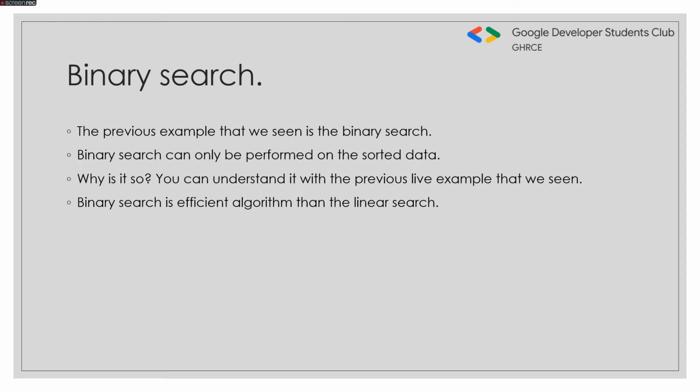It never happens that page number 2 comes first and then page number 1. So that's why we need sorted data to perform binary search. We'll always be calculating the middle and comparing the key that we want with that middle. If the key is greater, our key will be present in the next half. If our key is less, obviously it will be present in the first half.